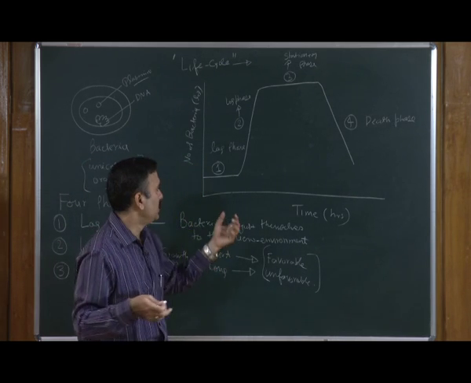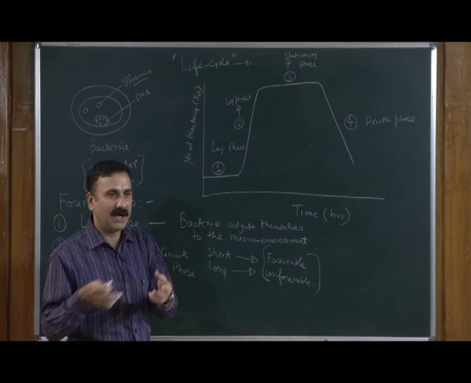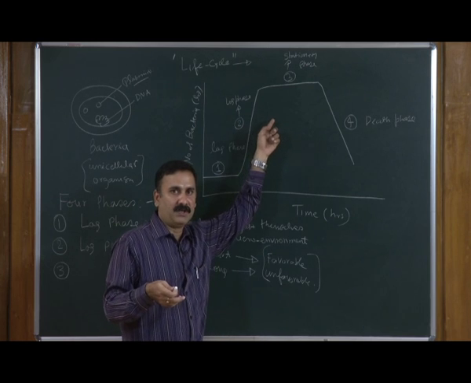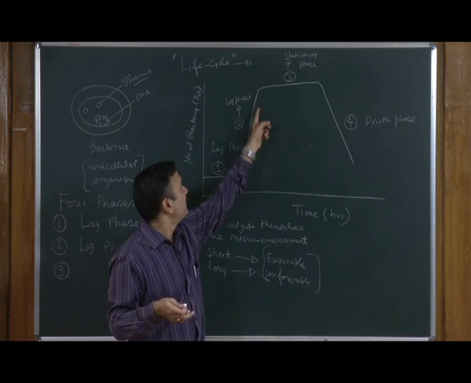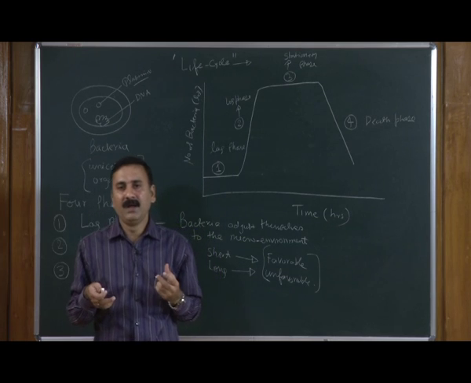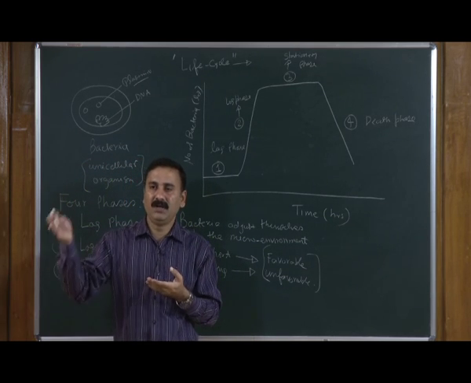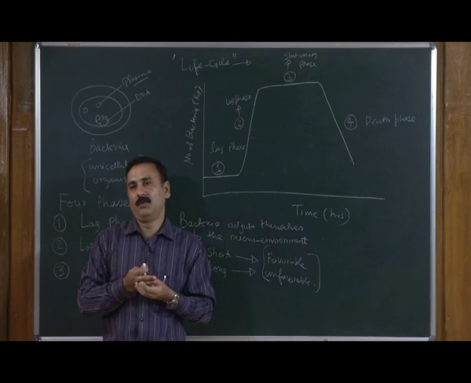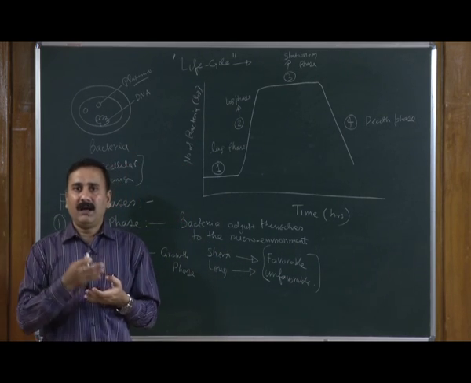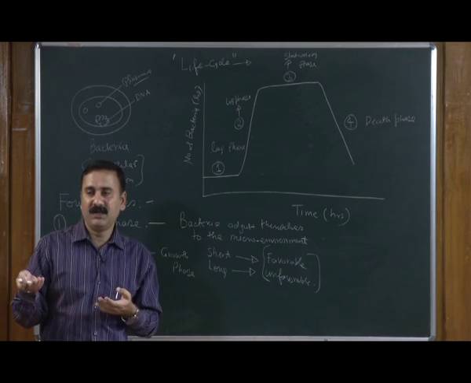Initially the bacteria adjust to that amount of nutrients, and once adjusted, they start utilizing the nutrients and growing. But after some time, the nutrients are going to be depleted, and at the other end, since the bacteria are utilizing the nutrients, they also produce a lot of metabolic byproducts, which are not going to be reutilized by the bacteria.